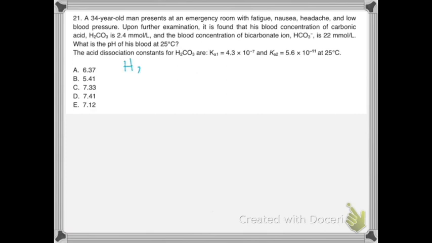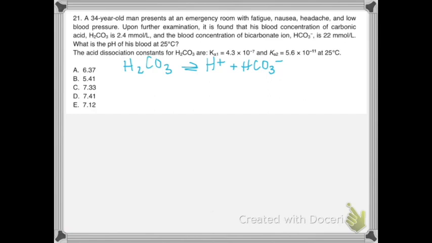So we just have H2CO3 dissociating into H plus and HCO3 minus. And these values that they've measured are going to be equilibrium values. They're not initial values because it's not like this was all dumped into his blood and then we calculate what it ends up with. These are the equilibrium values.